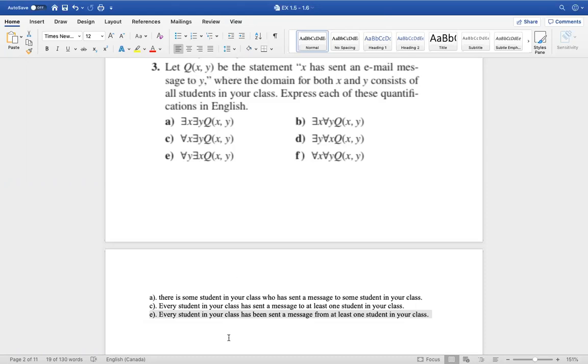So we can say every student in your class has been sent a message from at least one student in your class. So one takeaway from this is that the order matters.